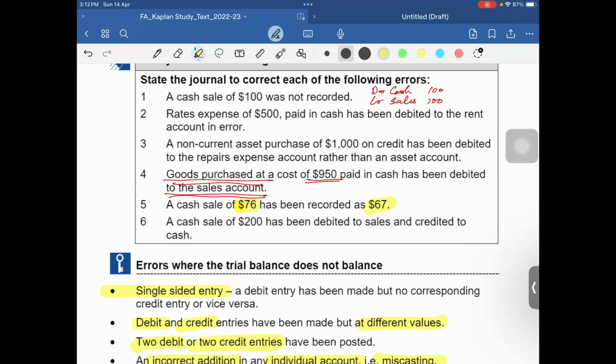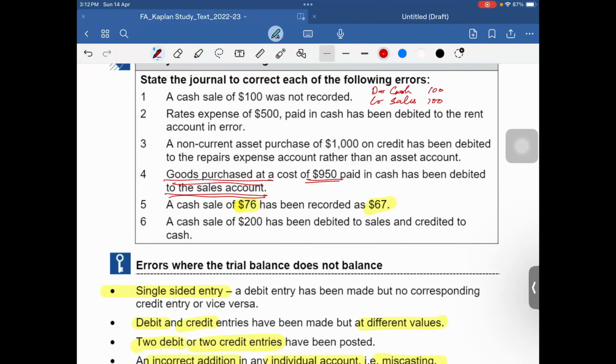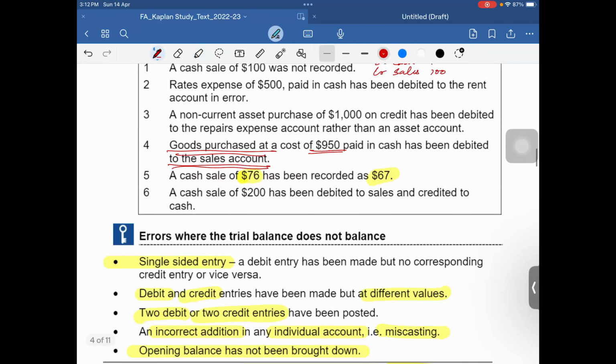So how much more do you need? 10, right? So you're going to credit the same thing by 10, and debit the same thing by 10. Clear? Understood?